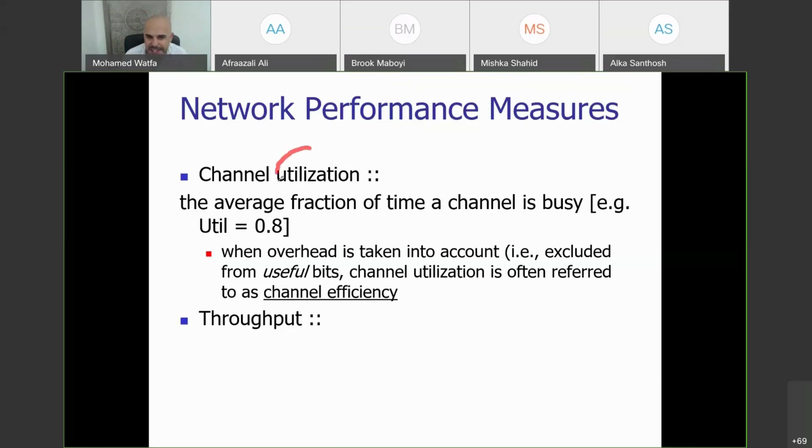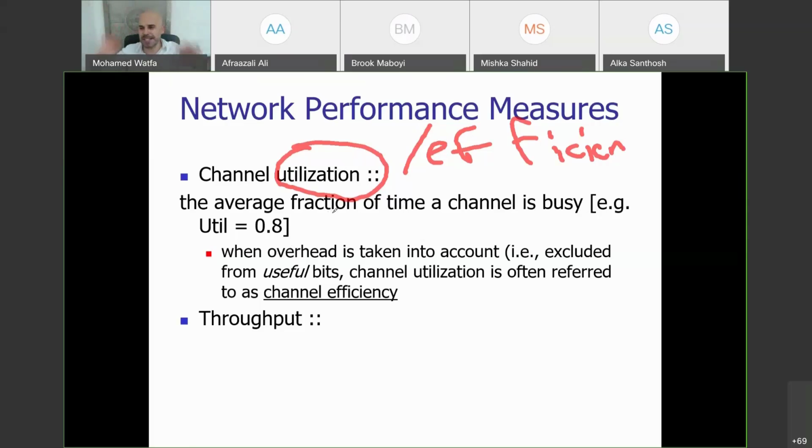Some people even call it the same. Utilization and efficiency, almost the same. The only difference is that utilization does not take overhead into account. So it only looks at the useful bits. Efficiency does, utilization doesn't. So again, very similar. For you, think about them as similar, but the difference is when we look at the overhead, the extra.